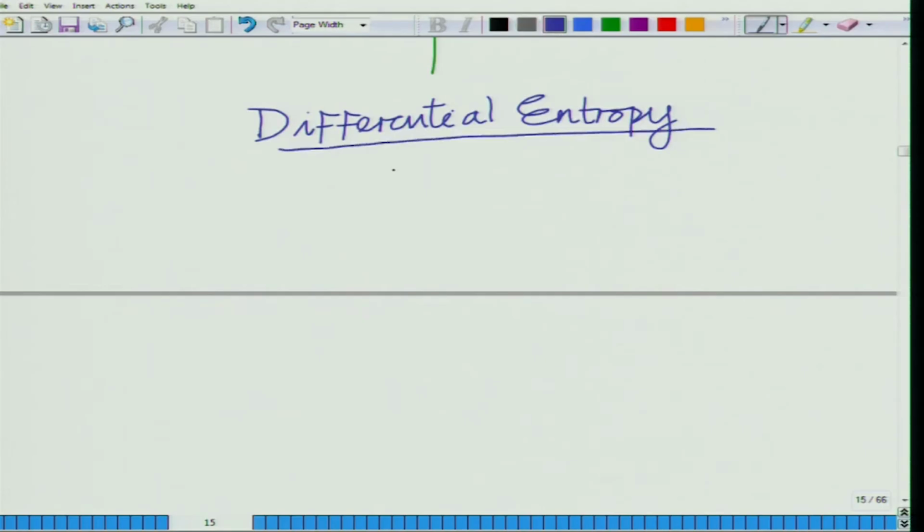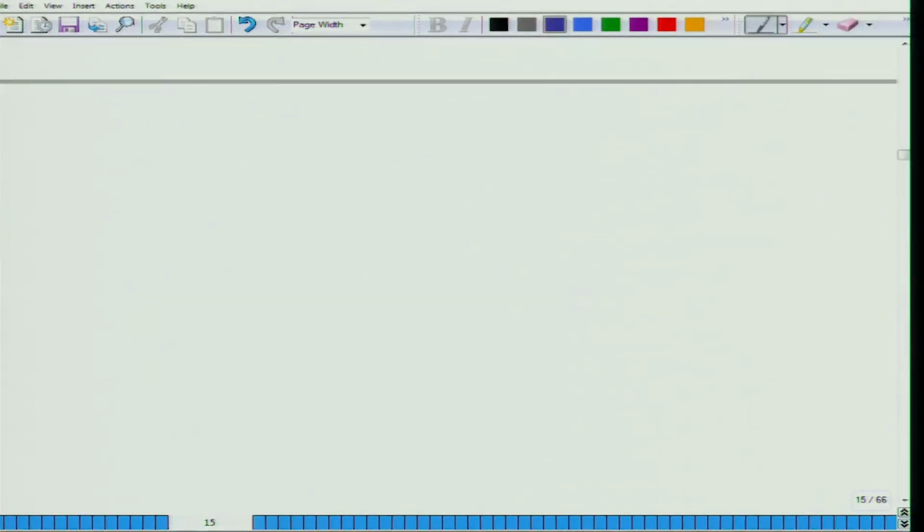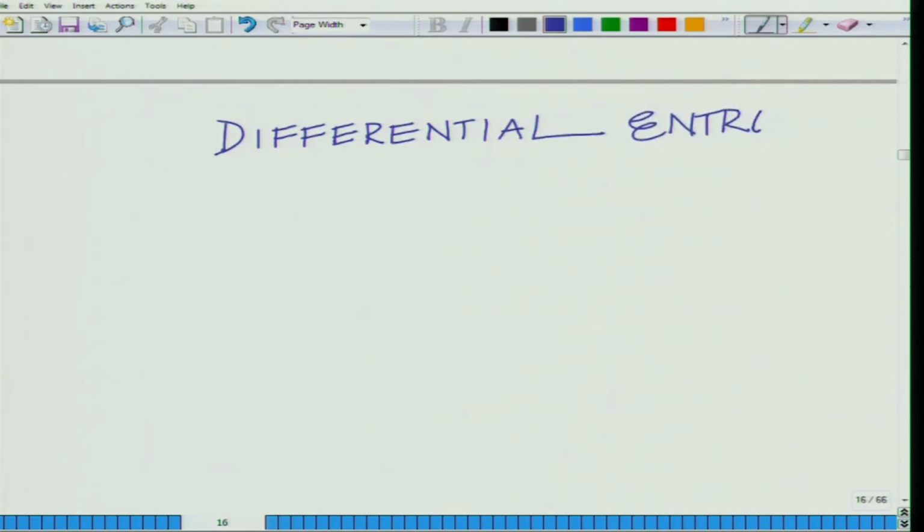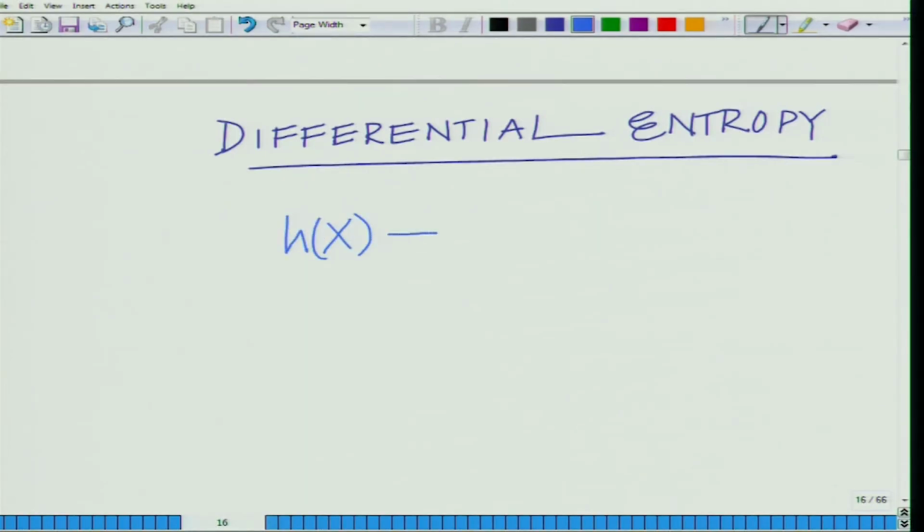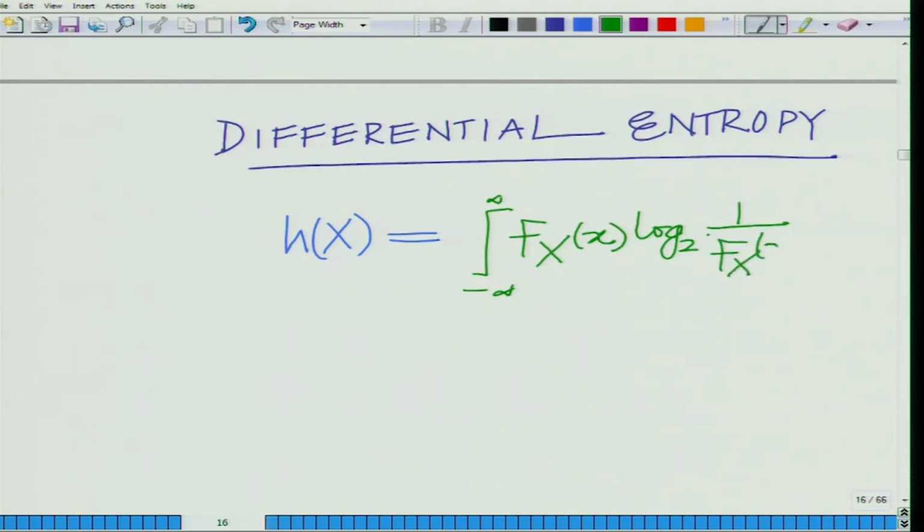The differential entropy of such a source is defined as h of x equals the integral from minus infinity to infinity of f x of x log to the base 2 of 1 over f x of x, dx.